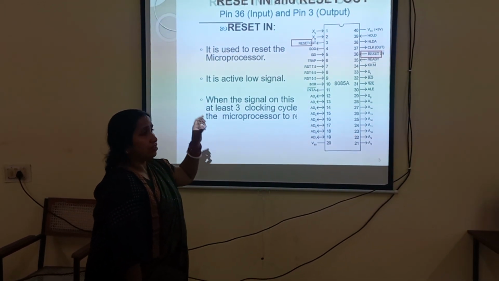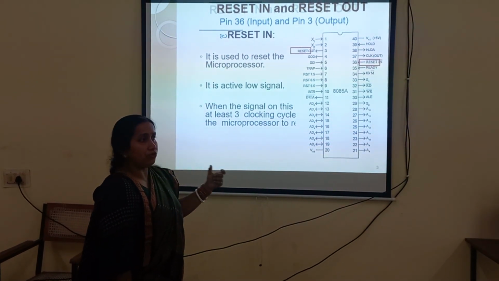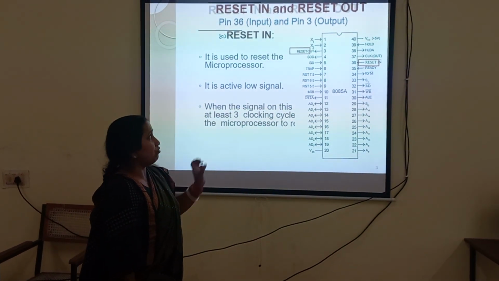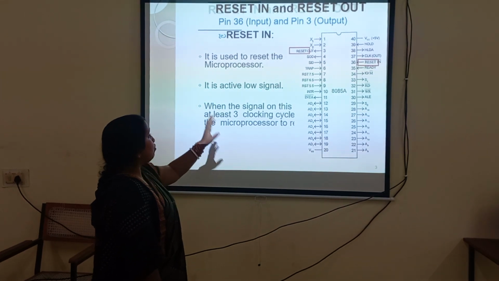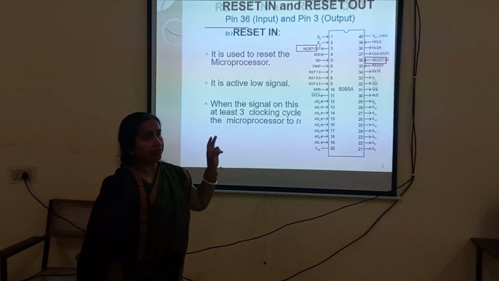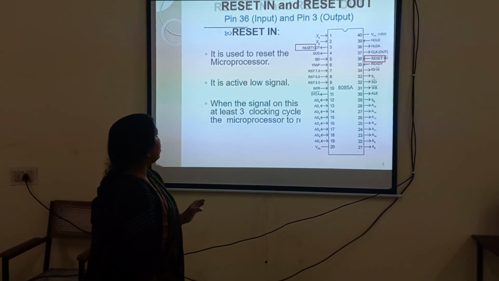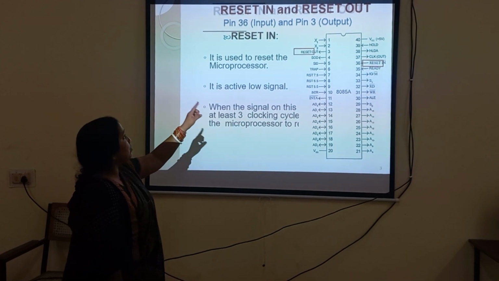Reset in means the microprocessor, the computer, is again converted into zero, or it displays the zero output. This is the same for reset in and reset out. It is used to be compatible with the peripheral device with the 8085 microprocessor. That means here it is used to reset the microprocessor.